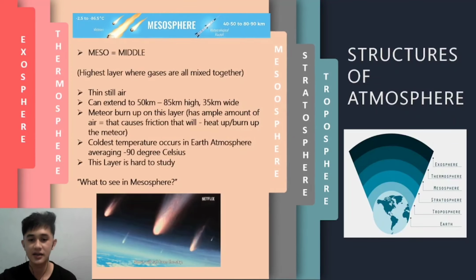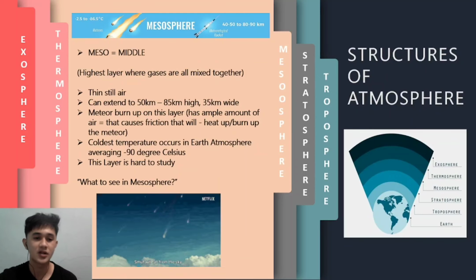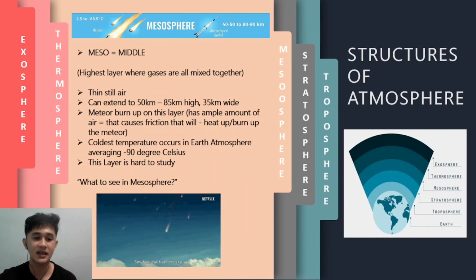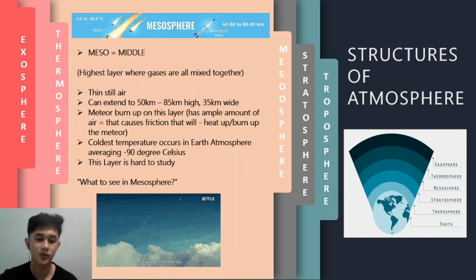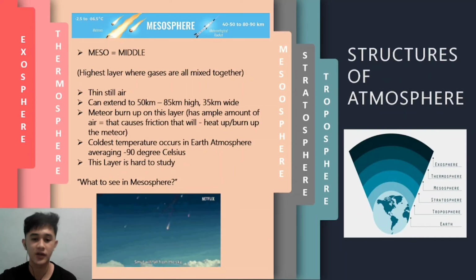Next is the mesosphere. Meso came from the word meso, which means middle. This is also the highest layer where gases are all mixed. The mesosphere also has thin air. It can extend from 50 kilometers to 85 kilometers high, and it is also 35 kilometers wide.